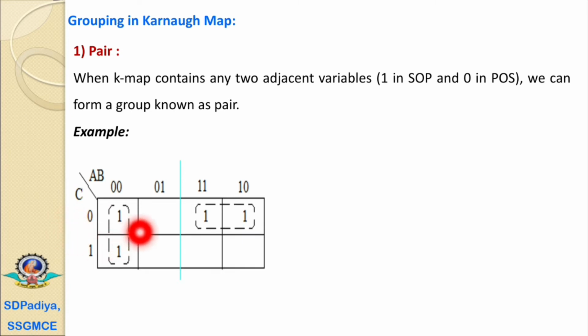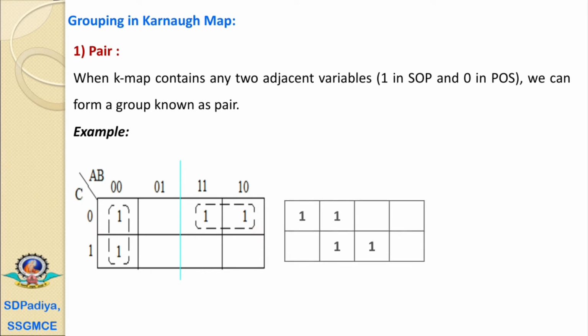Now, if we have 1, 1 in the first 2 positions and in these 2 positions, then we can form a group of these 2 variables, because they are adjacent, and the group of these other 2 variables again we can form because these 2 cells are adjacent.